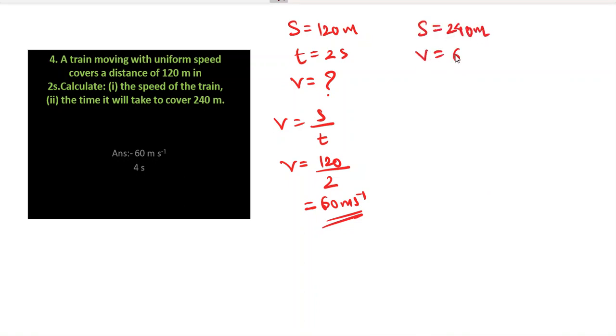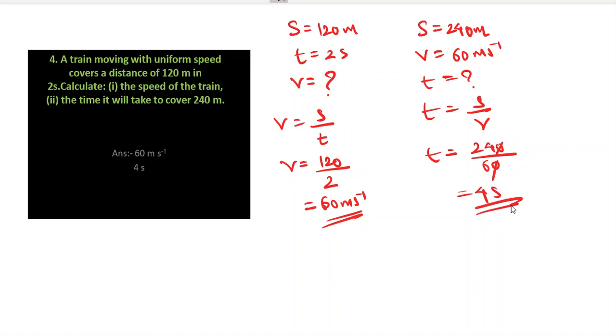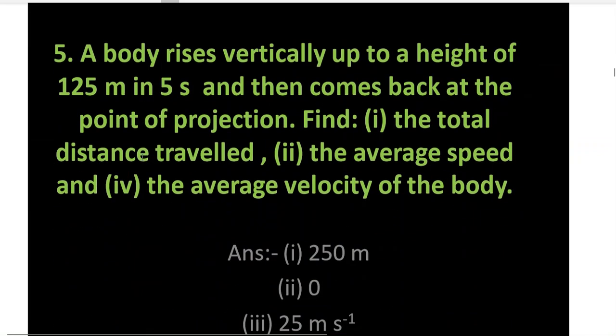Speed we know it is 60 meter per second. We have to find the time. Right? So time is equal to distance upon speed. So 240 upon 60, which is 4 seconds. Very simple. Let's go ahead.